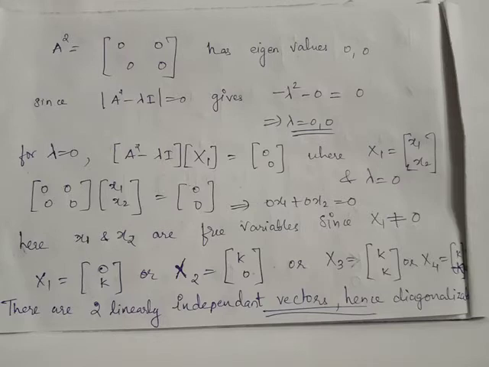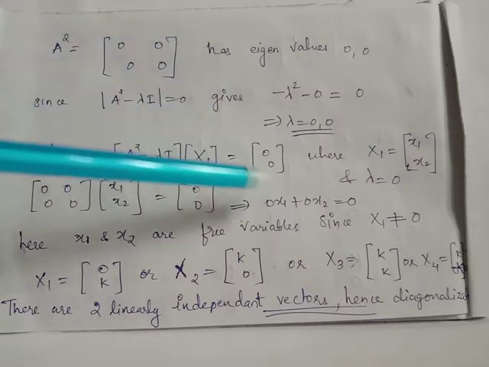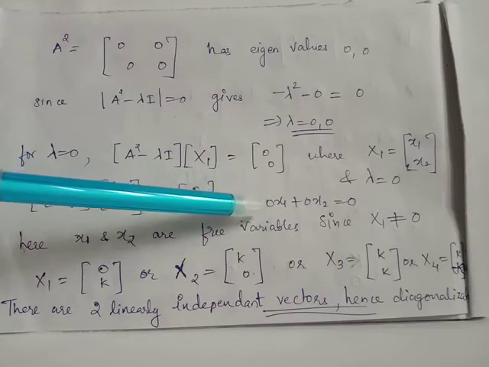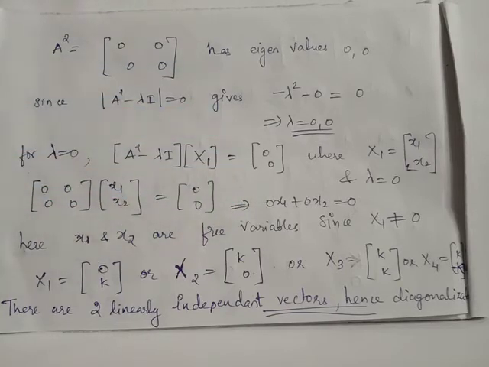Here, x1 and x2 are both free variables because whichever value you give for x1 and x2, this equation is preserved. That is, the LHS equal to RHS condition is preserved, whether the value is 0 or non-zero.